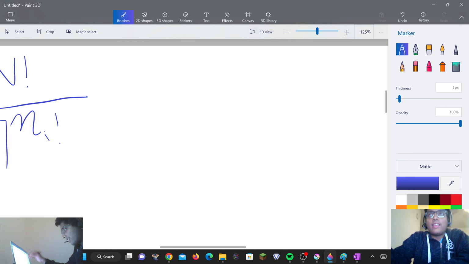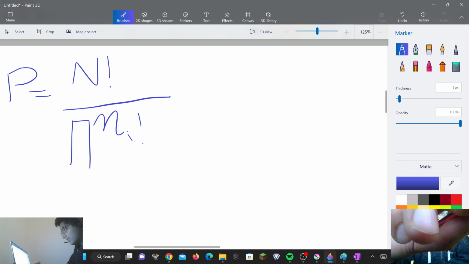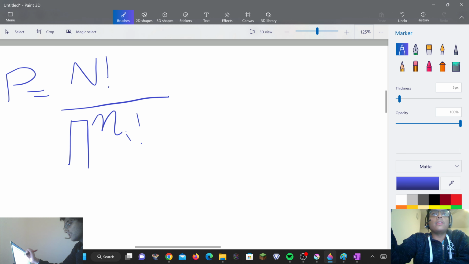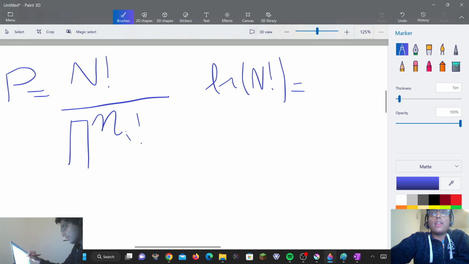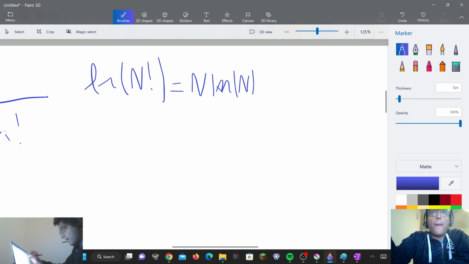We might have seen it there, but we're going to use what's called Stirling's approximation. Stirling's approximation is this: if you have ln of n factorial, it equals n ln n minus n, right?